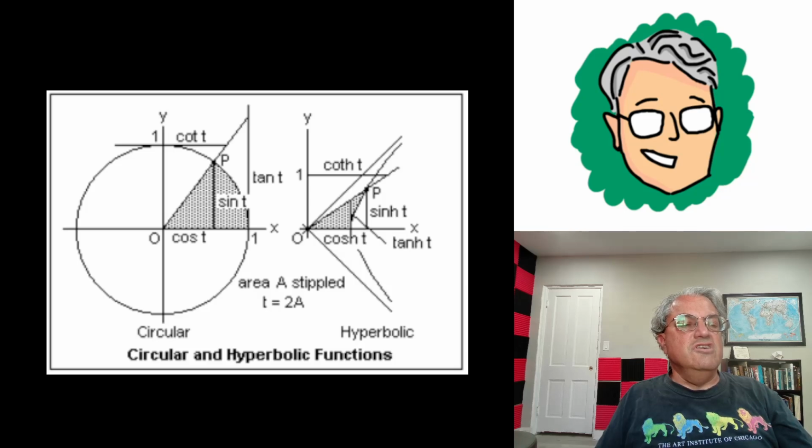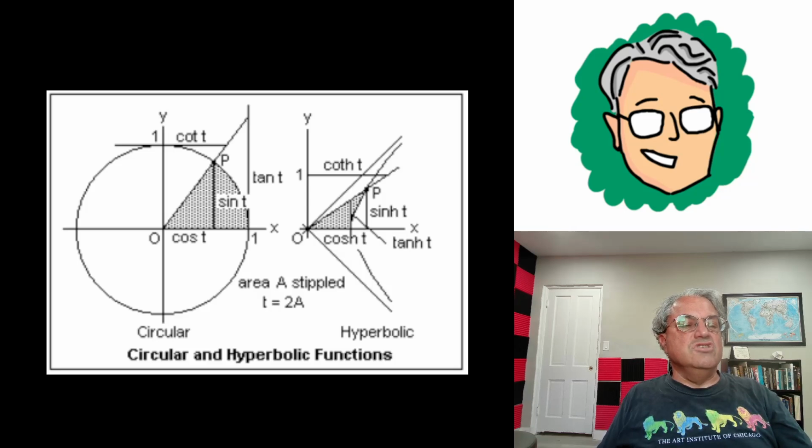Cosine of t, where t is really theta, your angle, is just the x component. This is a unit circle. If you have some point P on the unit circle, and t is the angle that the ray from the origin O to the point P makes with the positive x-axis, usually called theta, here we're calling it t.